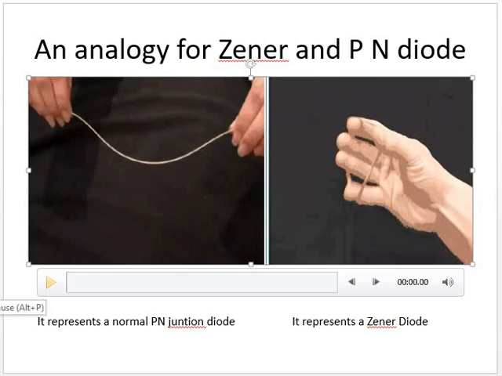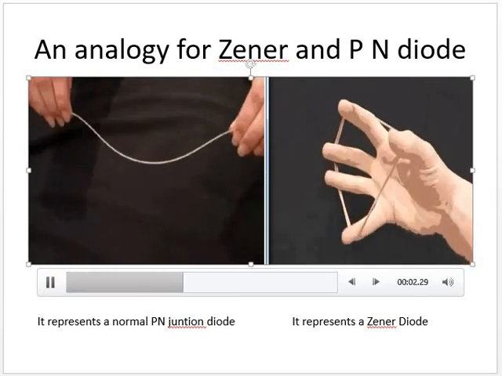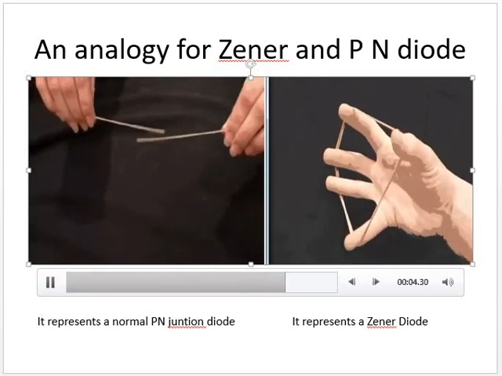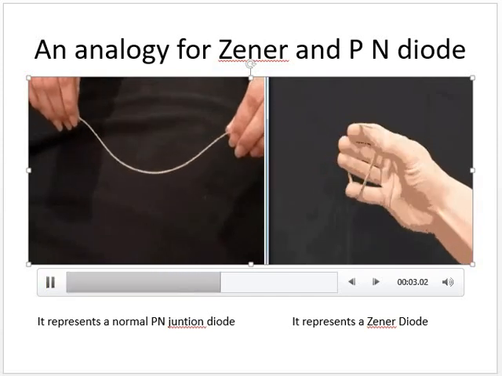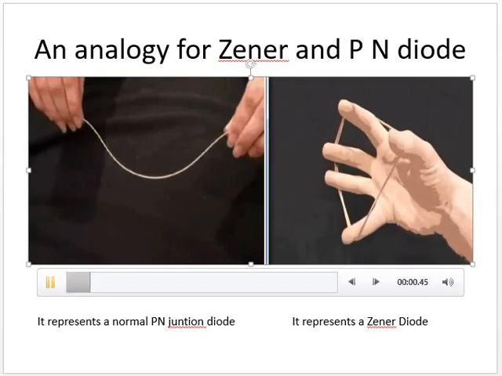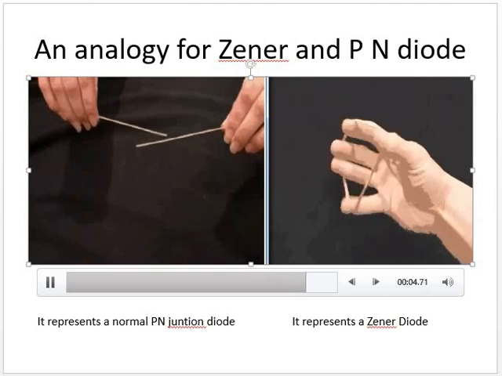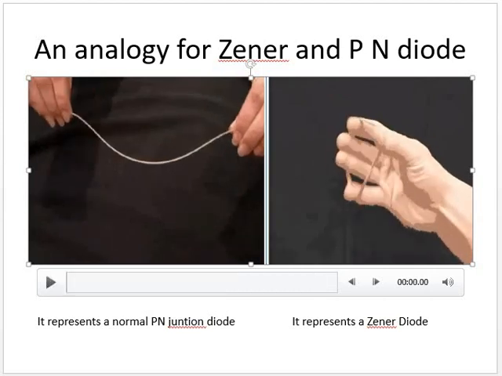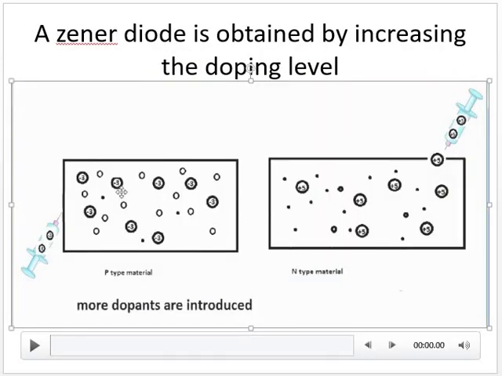Because it's flexible, it keeps on stretching and comes back to its original shape once the force is released. So it is just like a Zener diode. This analogy may not be that accurate, but at least you can relate how a Zener diode works. When reverse bias is applied, it conducts, and when the voltage is removed, it comes back to its original shape.